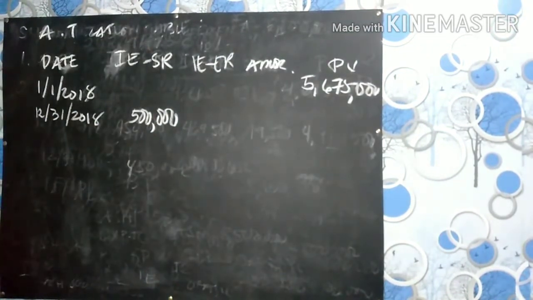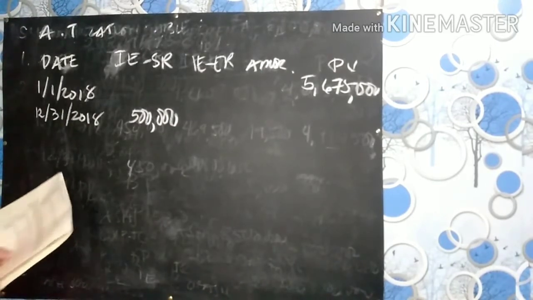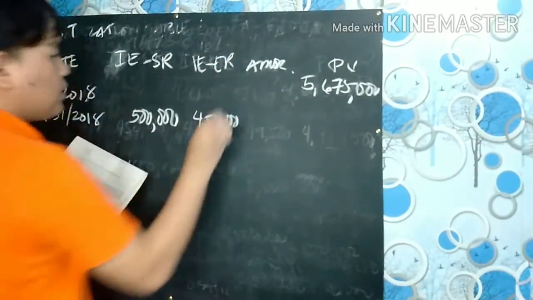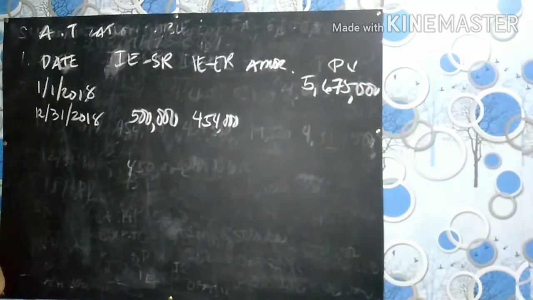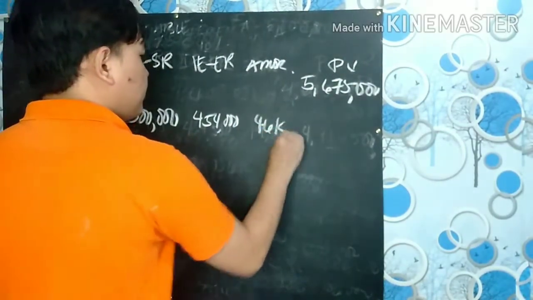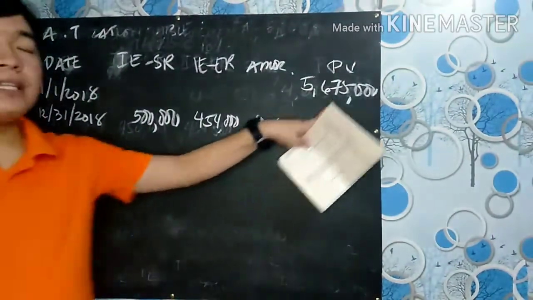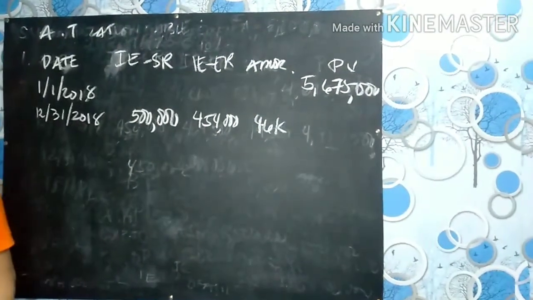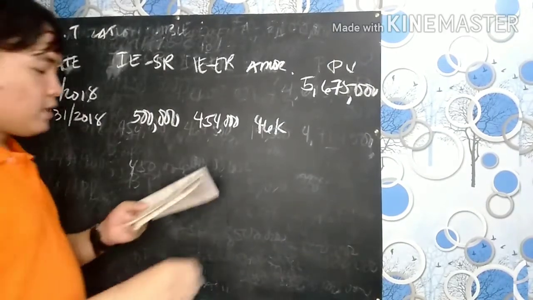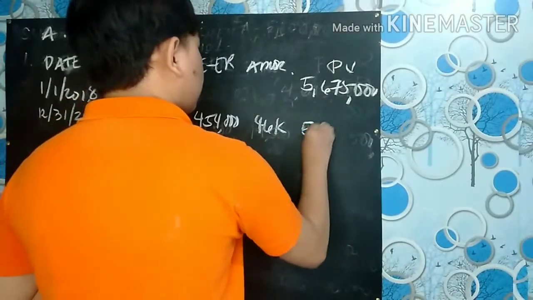Basis natin ang present value, right? 5,675 multiplied by interest rate na 8%, 454,000. Magkano yung amortization for the year 2018? Minus 500, 46,000. Ayan naman, i-less natin siya dito sa present value. So, less natin sa 5,675, 5,629. Okay?